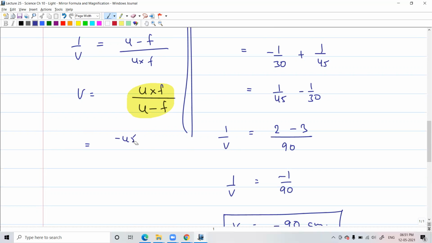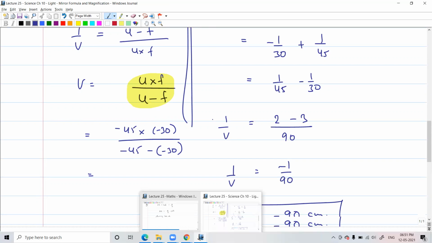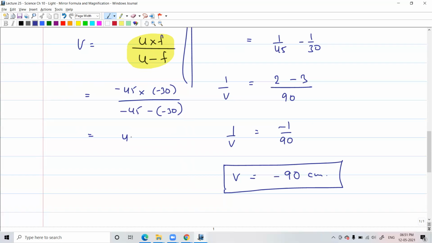U was minus 45. F was minus 30. And U again minus 45 minus 30, which is how much? This is minus 45 plus 30. So this becomes minus 15.